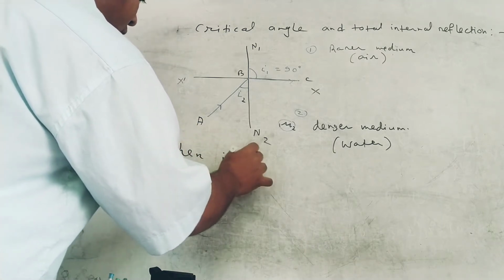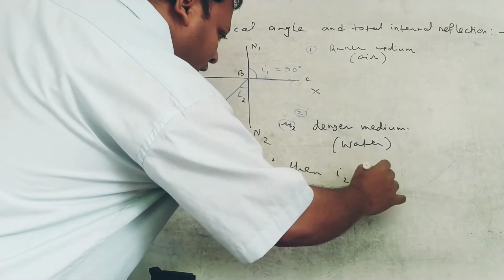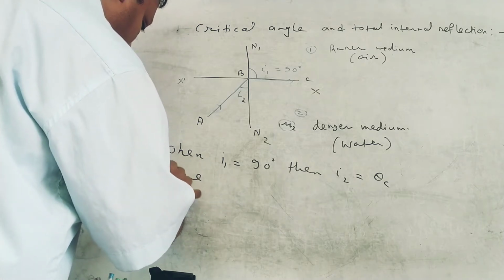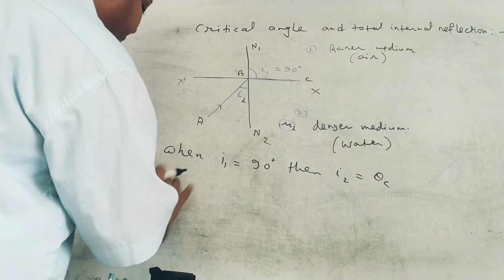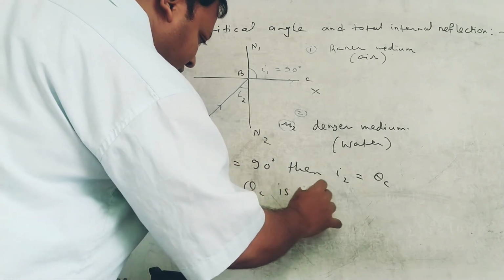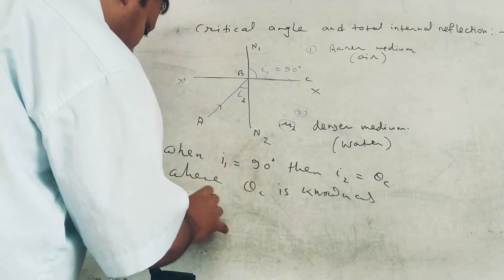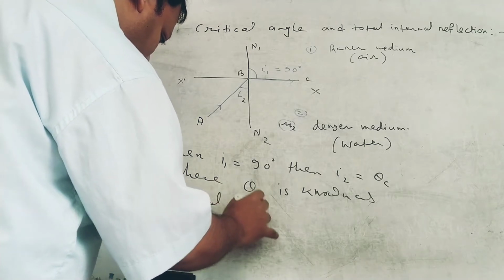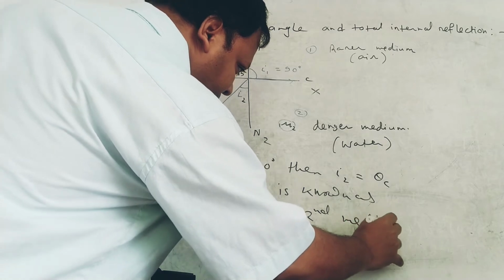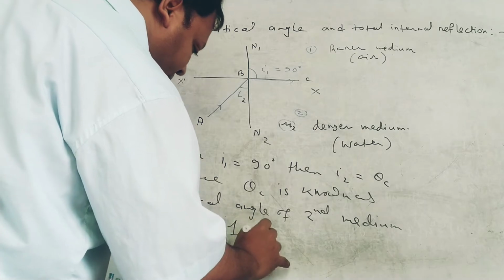When I1 is equal to 90 degrees, then I2 is equal to theta c, where theta c is known as the critical angle of the second medium with respect to the first medium.